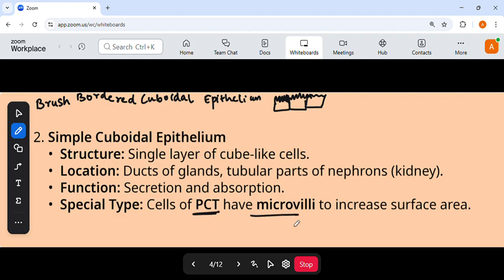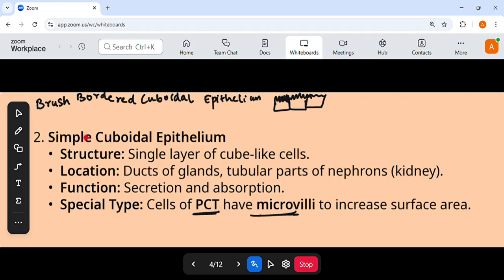This microvilli is nothing but the plasma membrane getting folded to form this projection, the microvilli projection seen in PCT, the brush border. And this microvilli helps in increasing the surface area for absorption and for secretion. Clear?